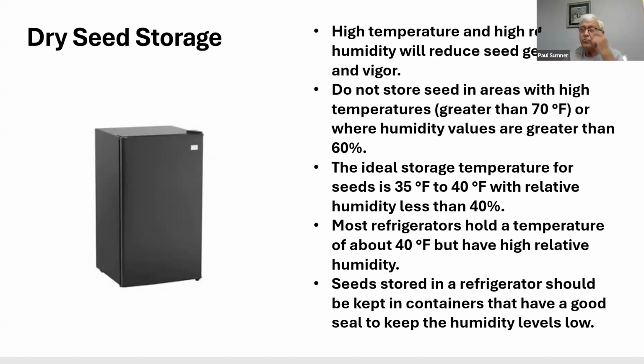In other words, once you dry that seed down to 10 to 15%, put it in your envelopes, then put it in a sealed container, and then put that into the refrigerator to keep the humidity down.